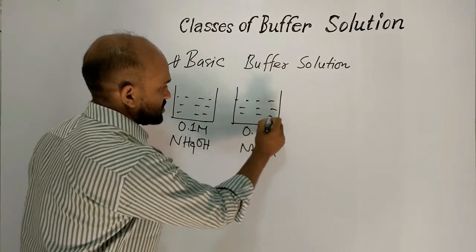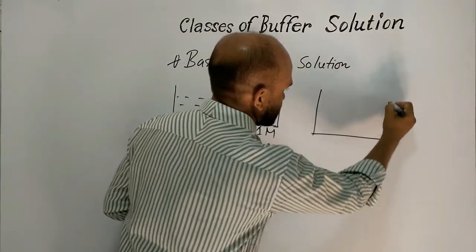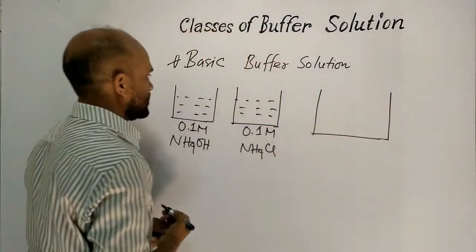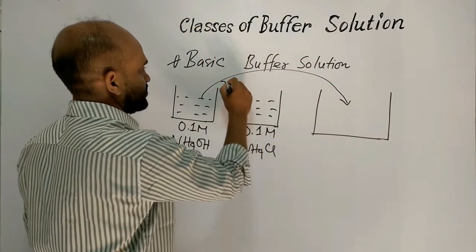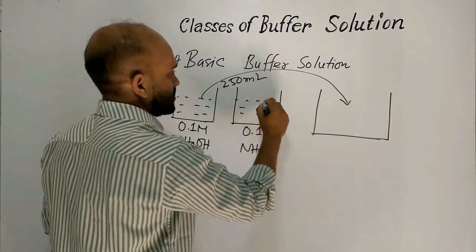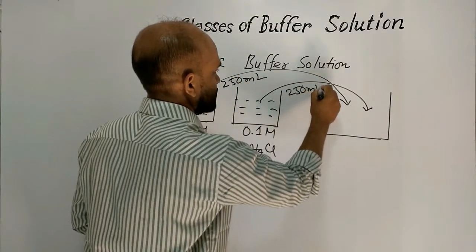Another beaker is taken where, suppose, 250 milliliter is taken, and this is also taken 250 milliliter.